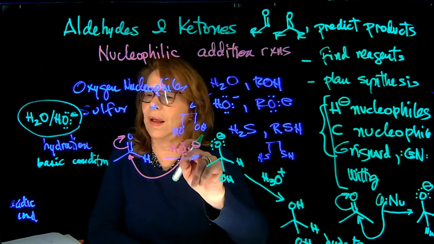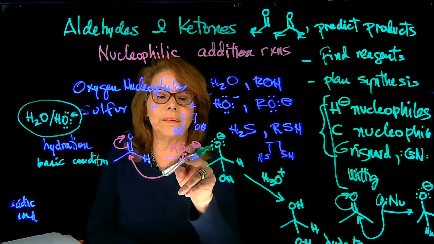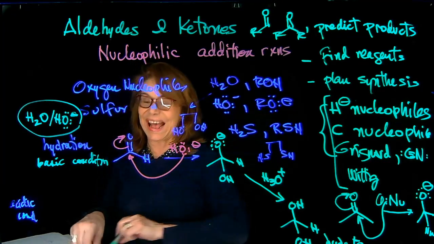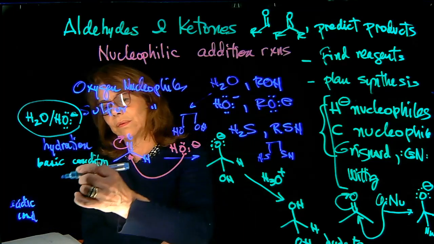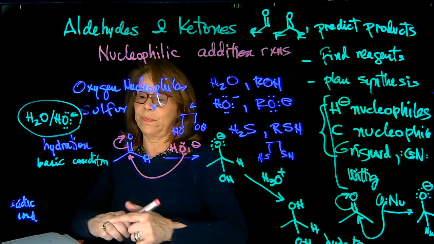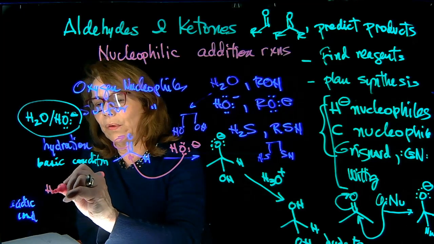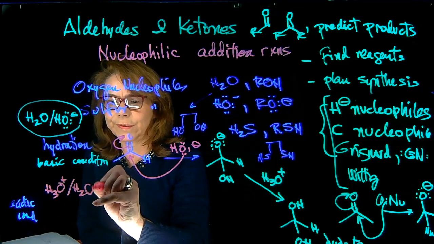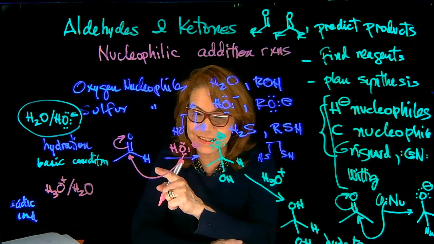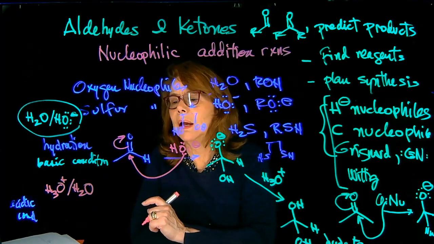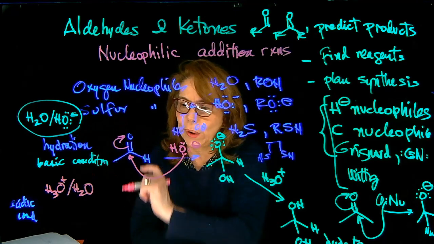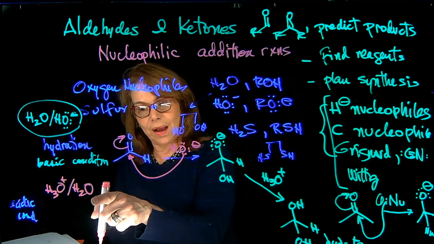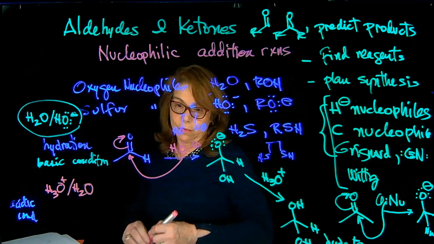In that step, hydroxide is a better nucleophile, of course, than water. That's your nucleophilic attack. Now, under acidic conditions, the major species you have are hydronium and its conjugate base, water. So here, the species that is nucleophilic is water, which is a weaker nucleophile, of course, than OH. But again, this is what you have under those conditions. So the nucleophile will be water.